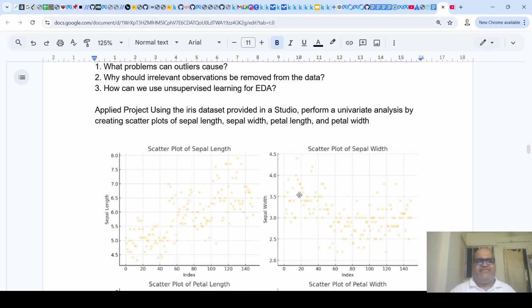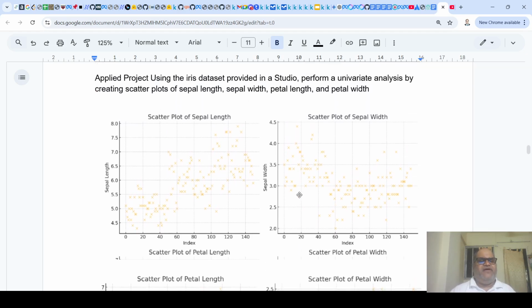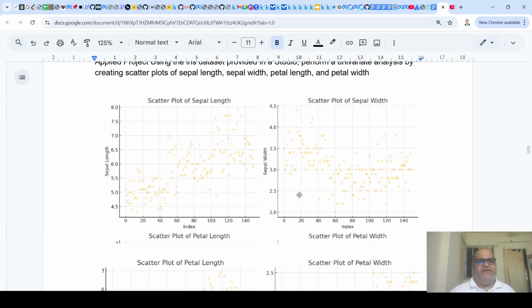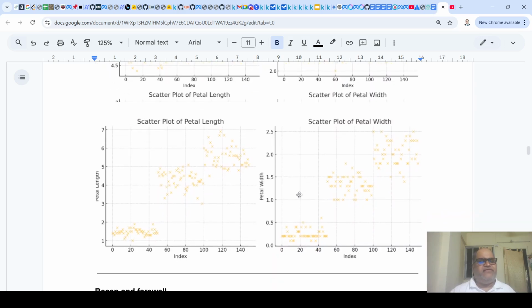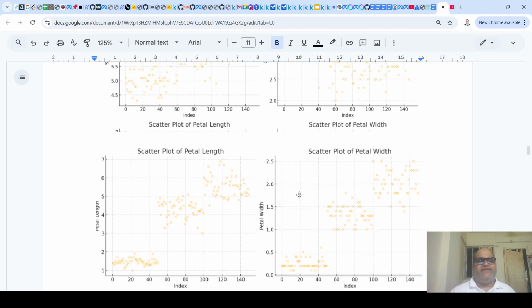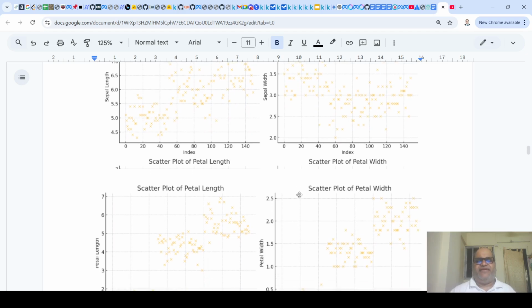The ask here is, from your project perspective, how you can use univariate analysis for creating a scatter plot for these individual fields. I have pasted the scatter plots for petal length, petal width, sepal length, and sepal width.